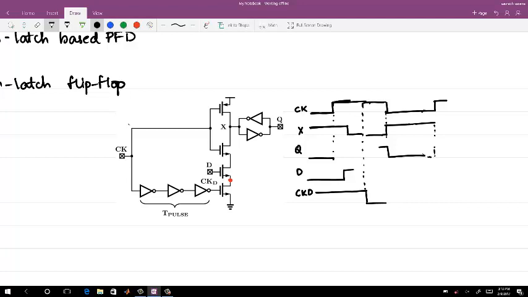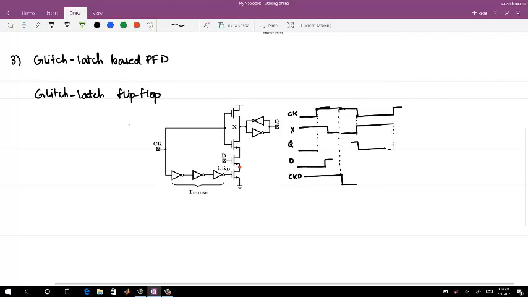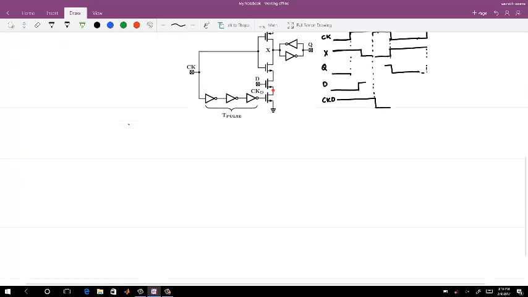It is edge triggered in the sense that during the rising edge of the clock you sample the data, and it is valid only for half the period. So this flip flop is an improvement over all other PFDs.